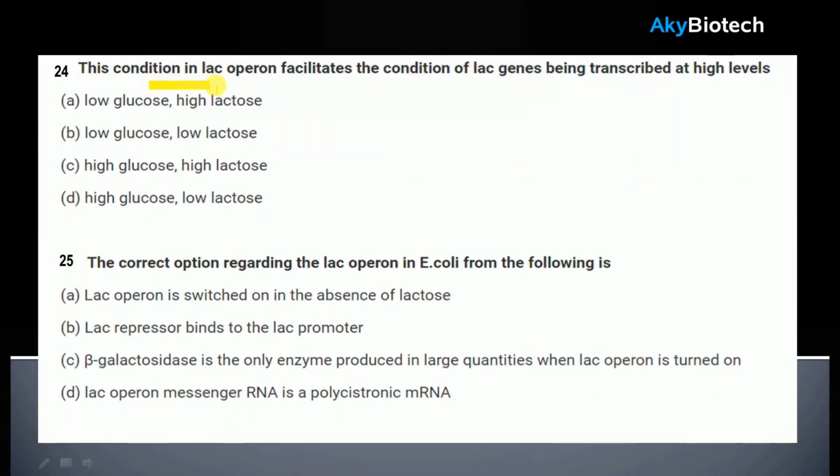24. Which condition in Lac Operon facilitates the Lac genes being transcribed at high levels? The correct option is low glucose, high lactose. This one is the correct one.